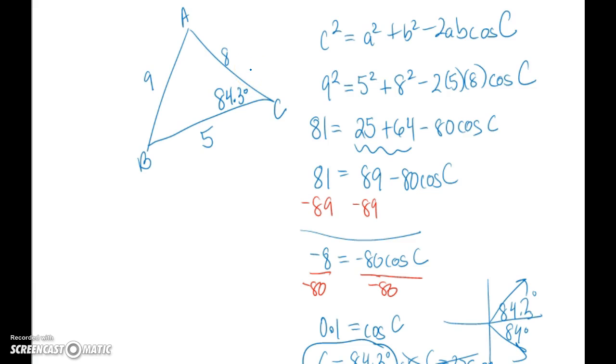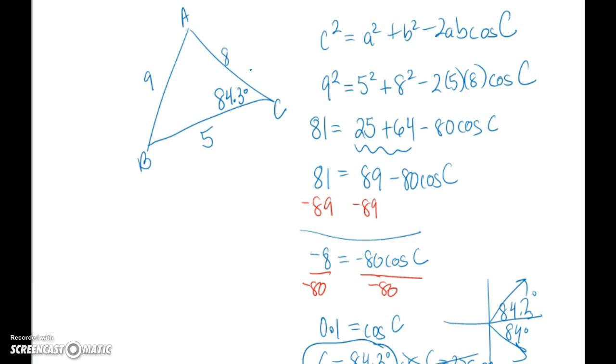Now you could use law of cosines again to find angle A and then also to find angle B, or at this point now you can use law of sines to find your other two angles. When you're given three sides, there's only one possible triangle. So when you use law of sines and you potentially end up with two values for an angle, keep in mind that 84.3 is your largest angle.